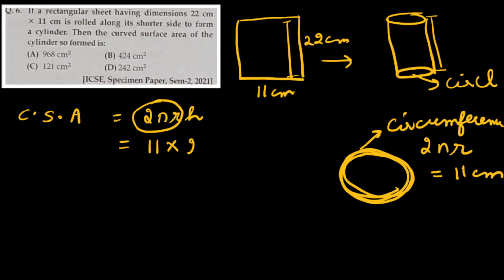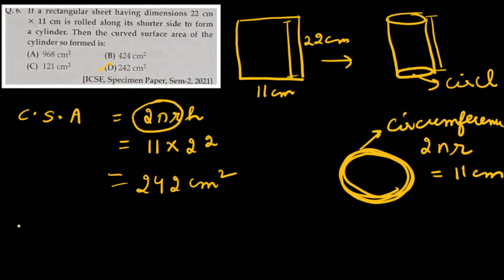So this is 22. If you multiply 11 with 22, what you will get? 242 centimeter square. So option D is the correct answer. You have to be very careful.